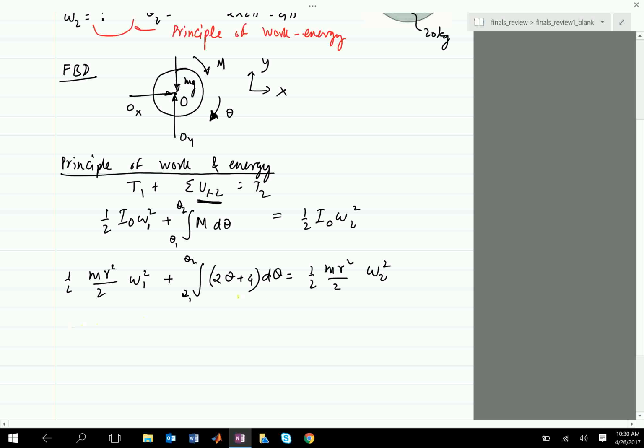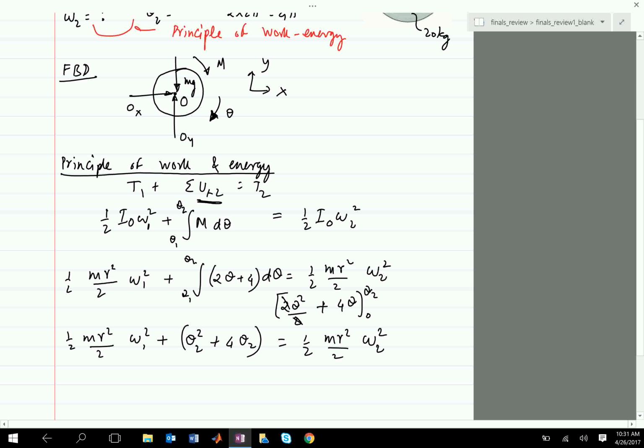So this integral comes out to be 2 theta squared divided by 2 plus 4 theta, so that cancels off. So what we are left with is half mr squared divided by 2 omega 1 squared plus, putting theta 2 and theta 1 is 0, theta 2 squared plus 4 theta 2 equals half mr squared divided by 2 omega 2 squared.